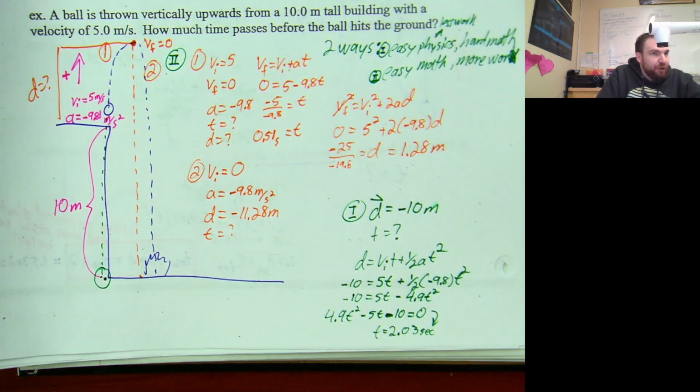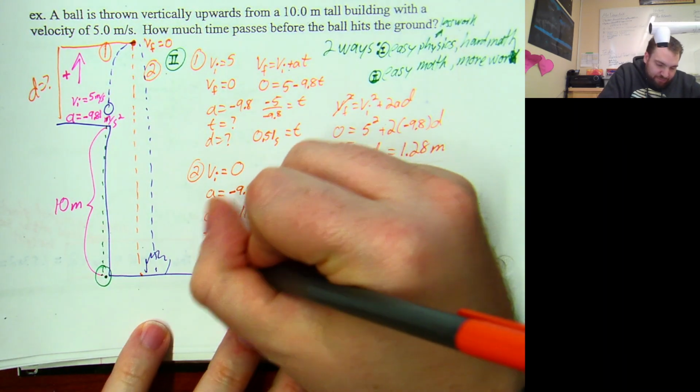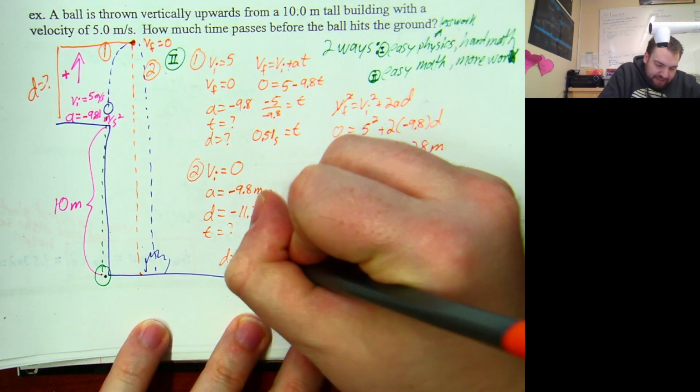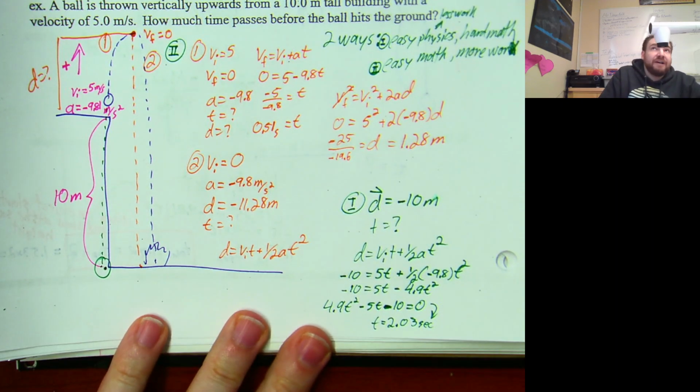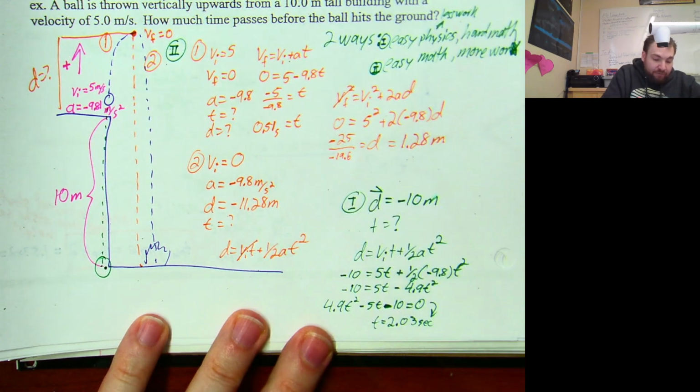It looks like it's going to be gross, because the formula that does this is d equals v_i t plus 1/2 a t squared. But what's the beauty of what we've done? v_i is 0, so this term is gone.